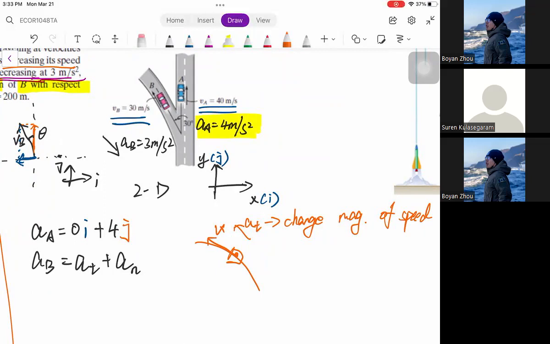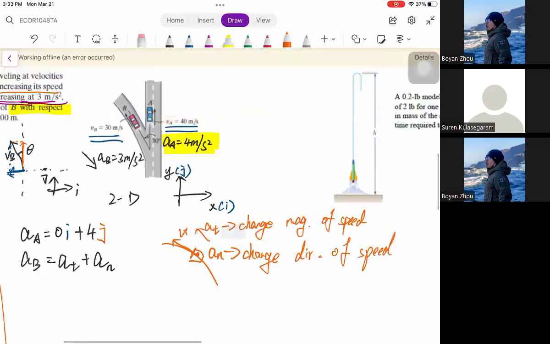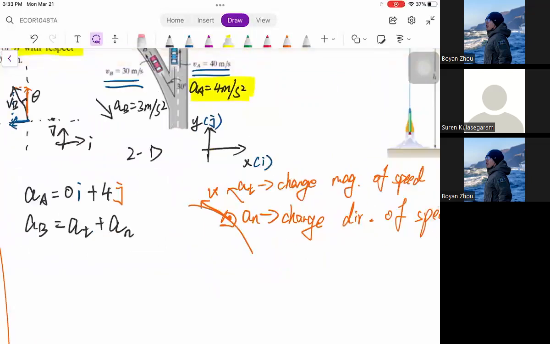So we need another acceleration to change the direction of the speed. The acceleration in the normal direction won't change the magnitude of the speed. It only changes the direction of the speed. So the speed has two components, the magnitude and the direction, and you need two accelerations to change that. That is how I understand or memorize it.